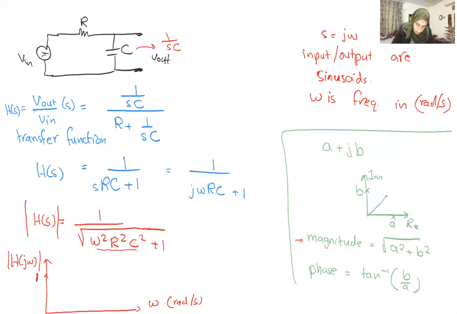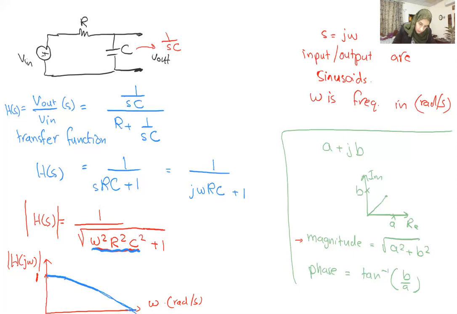And when omega goes very high, this term becomes a very large value, so 1 divided by a very large value will lead to a small value. Eventually at very high frequency, it's going to approach 0. And in the middle, it will just decrease.